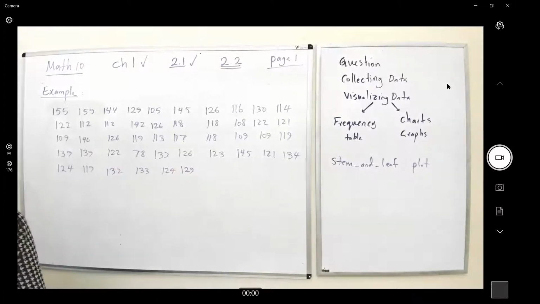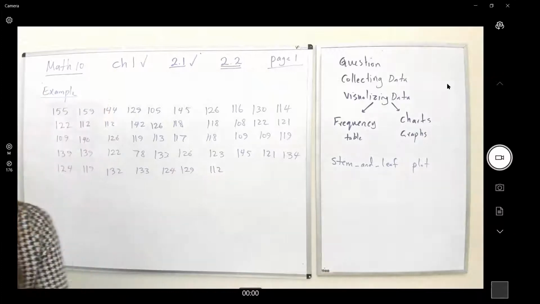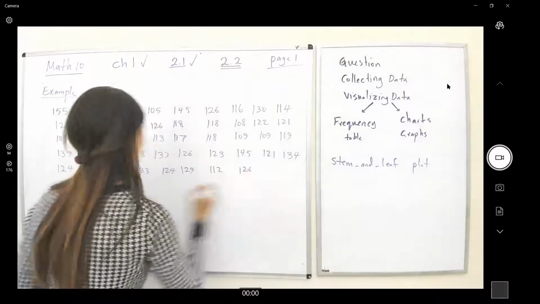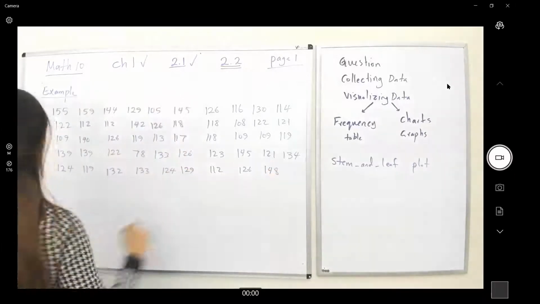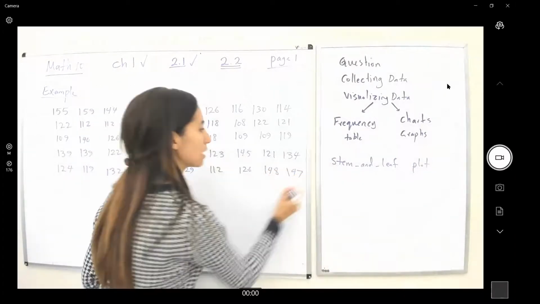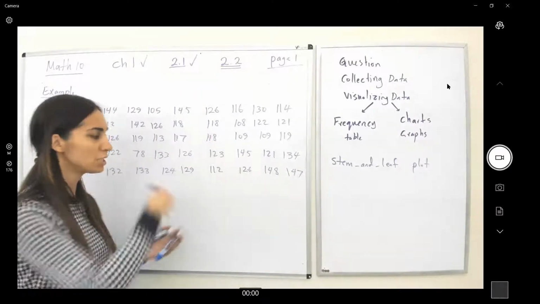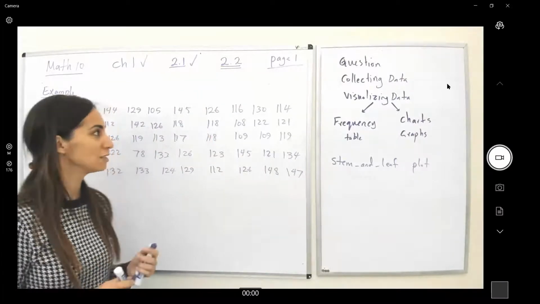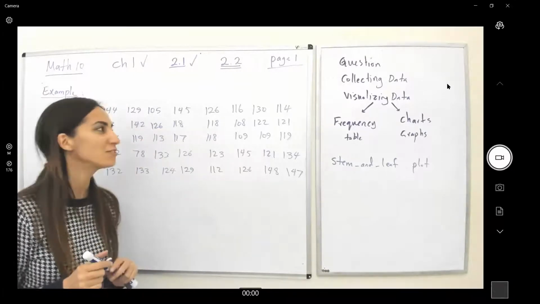Then you have 112, 126, 148, and also 147. Okay, so these are the numbers that you have. There you go. So let us identify all the leaves here.